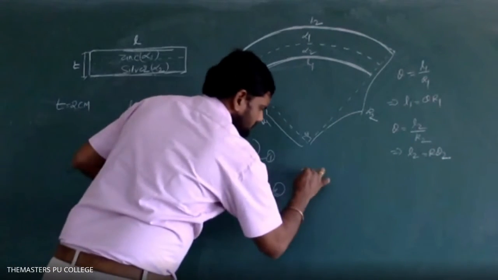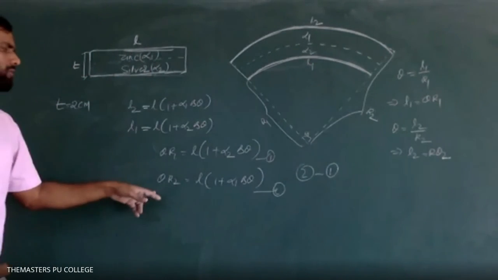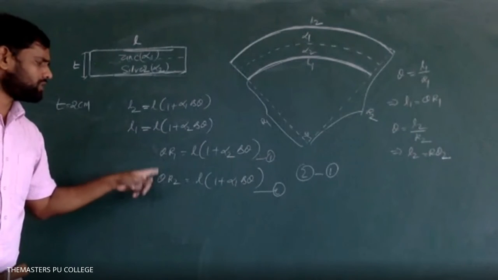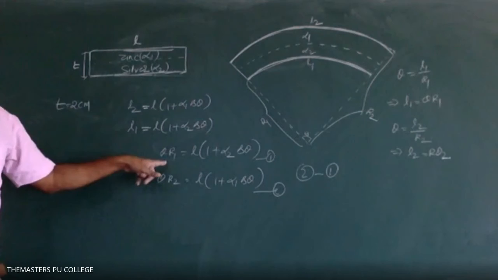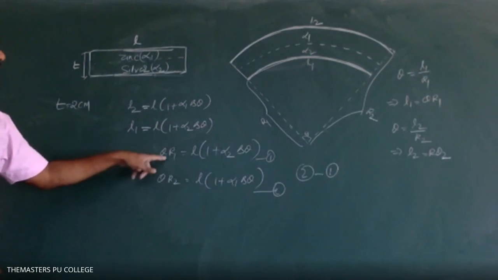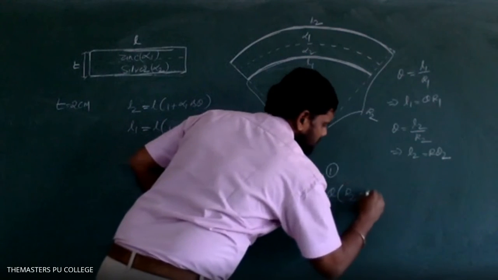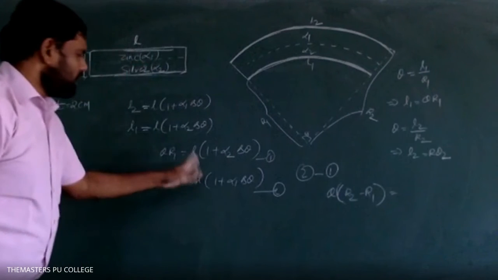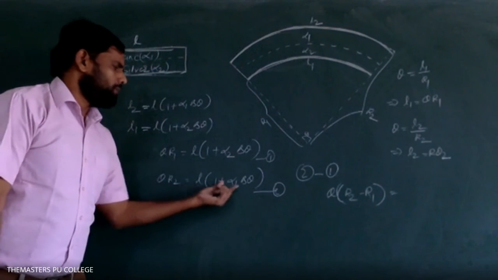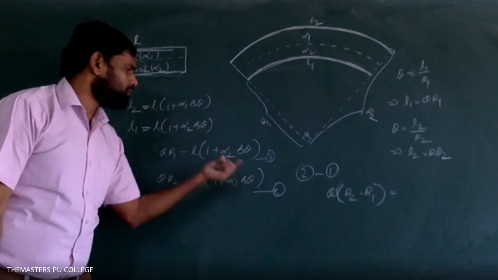If I do equation 2 minus equation 1, the LHS will be theta R2 minus theta R1, which I can write as theta of R2 minus R1. That equals, with L taken out, 1 plus alpha 1 into delta theta minus 1 plus alpha 2 into delta theta.